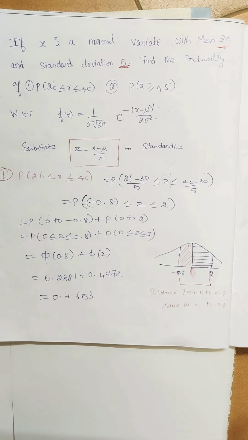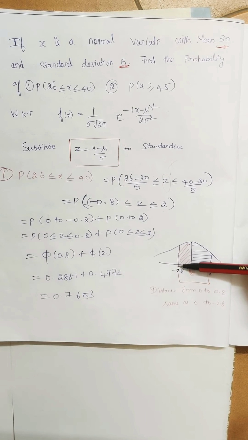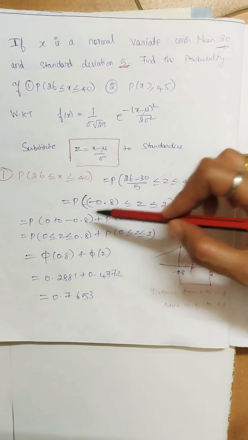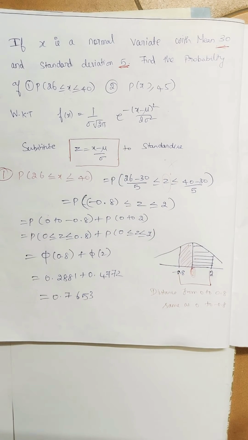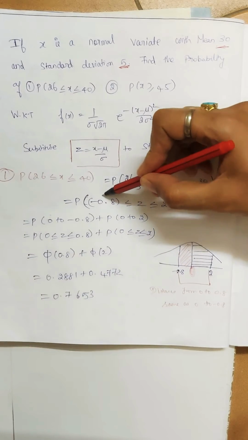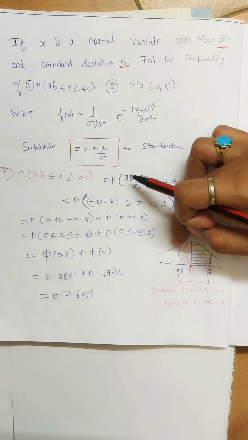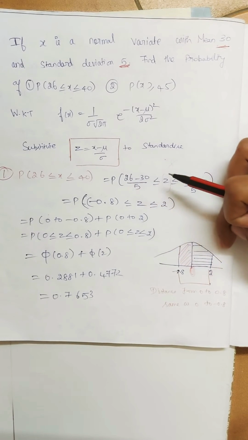If we walk from here to a nearby garden, and if you measure the kilometers, and from the garden again to your house, it's going to be the same. So if we ask the distance, from 0 to minus 0.8 the area is the same as 0 to 0.8. So whenever a negative term is coming, you just convert it to positive. So for minus 0.8 to 2, the area is 0 to minus 0.8 plus 0 to 2.